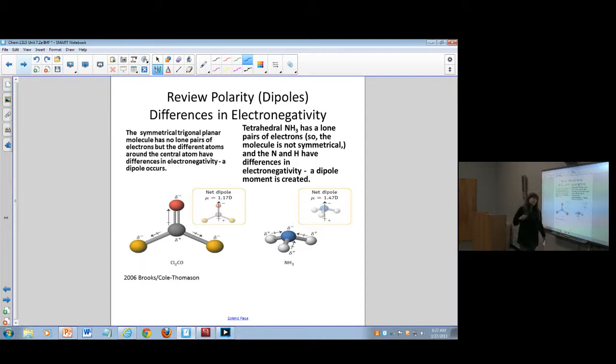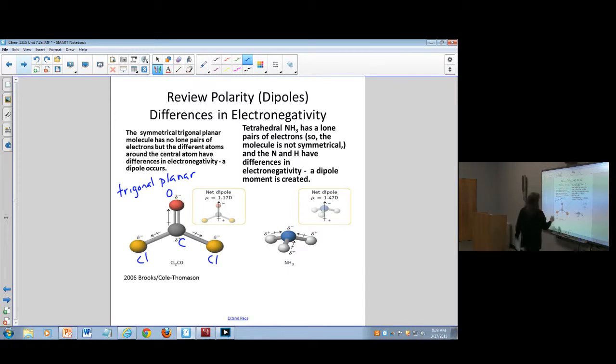Well, let's look at when things aren't symmetrical and when they are polar. For example, this is a trigonal planar molecule. Remember, those have 120-degree angles. But because this is our carbon, this is the oxygen, and these are chlorines out here on this COCl2 molecule, the electronegativity for all of these outer atoms pulls the carbon electron density away.